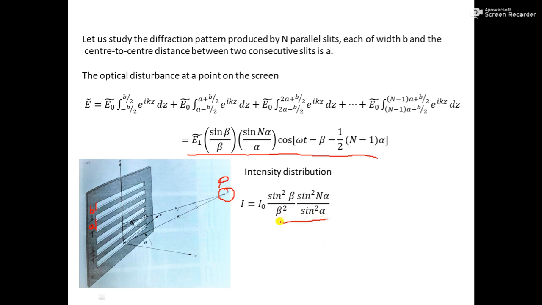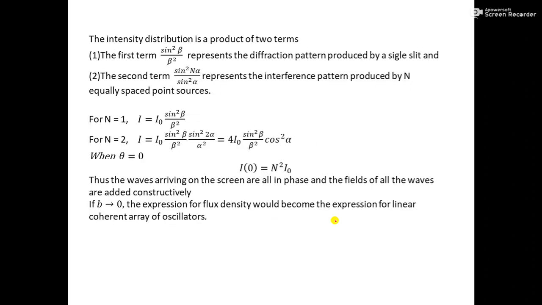So you can see that here we have two terms. One is sin square beta by beta square, and the other one is sin square n alpha by sin square alpha. So the intensity distribution function is a product of two terms.